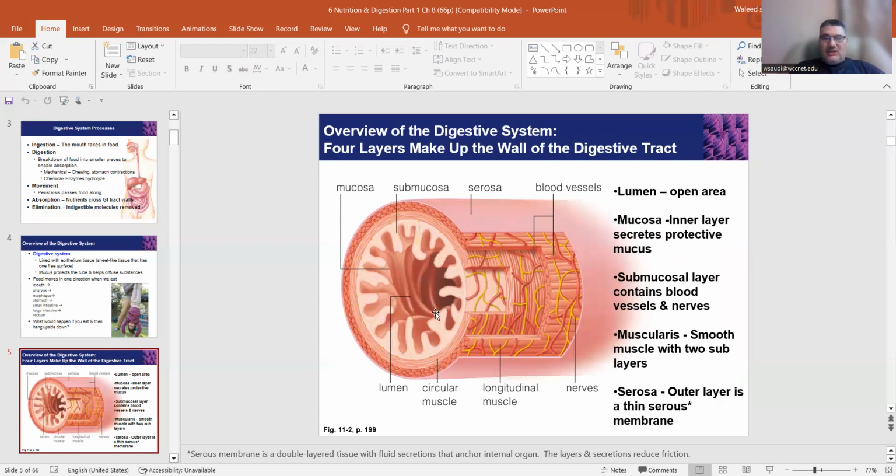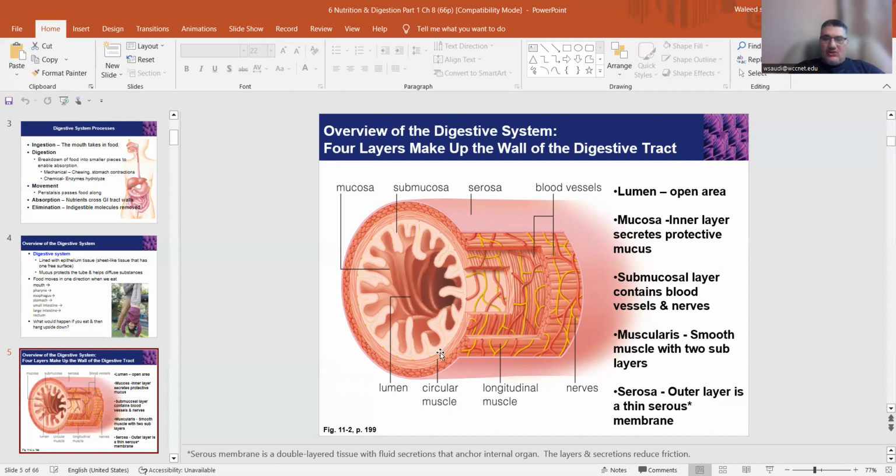What are these layers that we need to see here? The innermost here is called mucosa. Next, submucosa. What's sub? Under, like submarine, subway, sub, under. So under the mucosa is submucosa. And then the next layer is the layer that contains different types of muscles, and we call it muscularis. Usually we have two types of muscles.